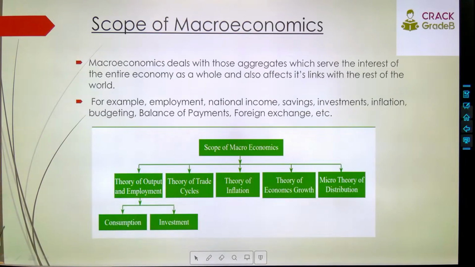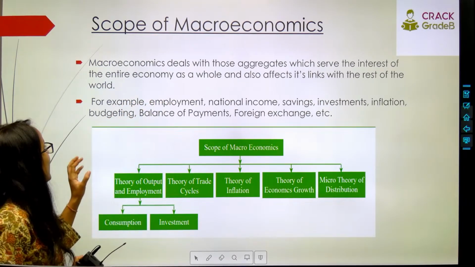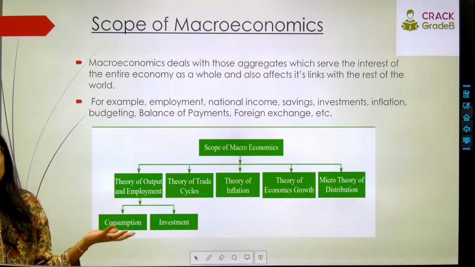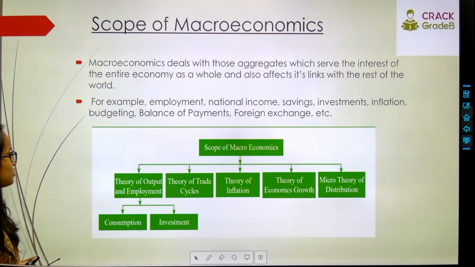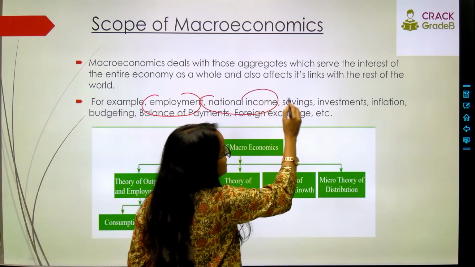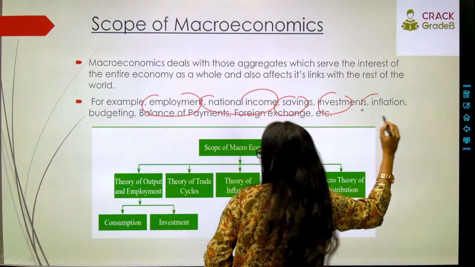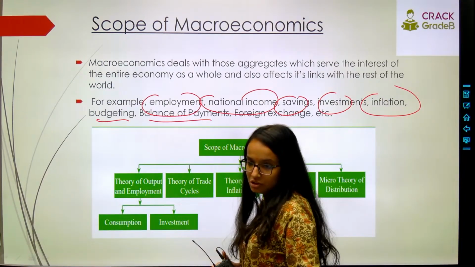Moving on to the next slide, scope of macroeconomics. So it basically deals with the aggregates which serve the interest of the entire economy, which are not serving the interest of one particular individual. Okay. For example, in macroeconomics, we study about employment, we study about national income, savings, investments, inflation, budgeting, balance of payments, foreign exchange, and all these kind of things.